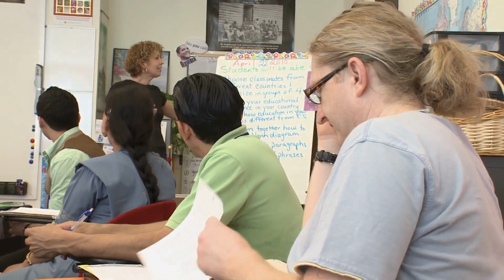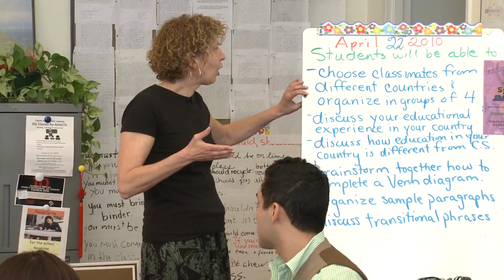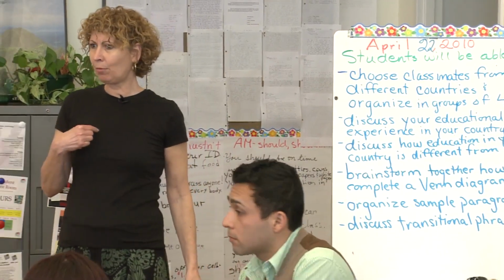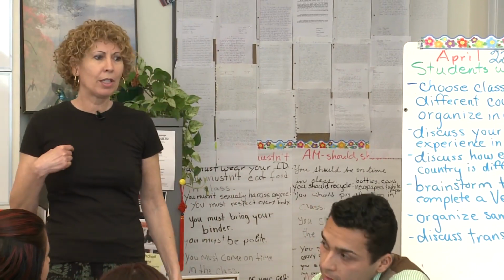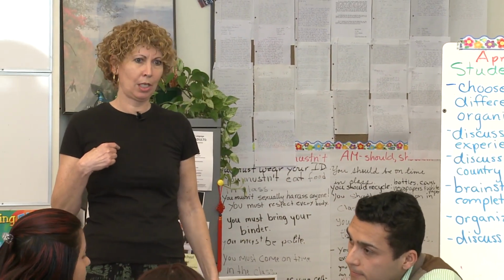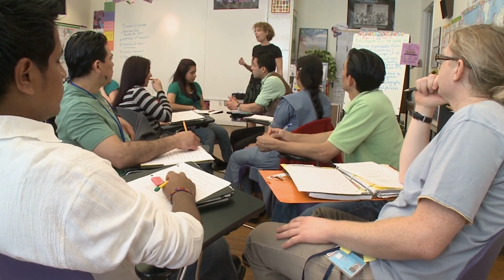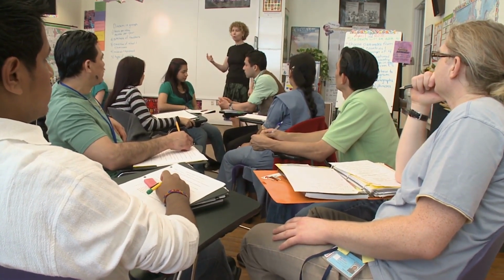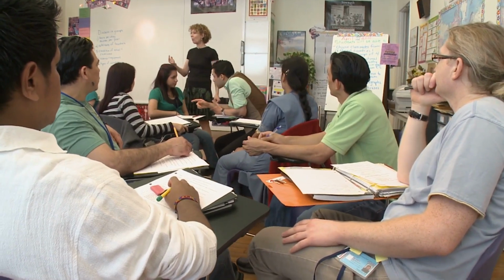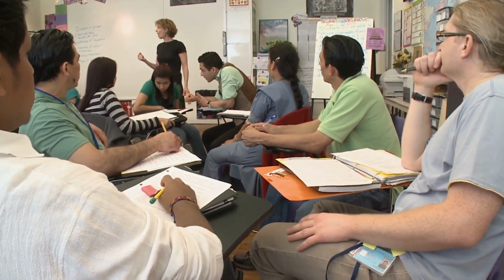I'm going to give you a little name tag, and I want you to put just the name of your country on it, not your name. Then get up and move around and organize yourselves into groups. Try to have as many different countries represented in your group as possible.